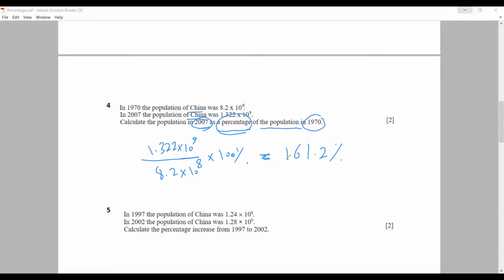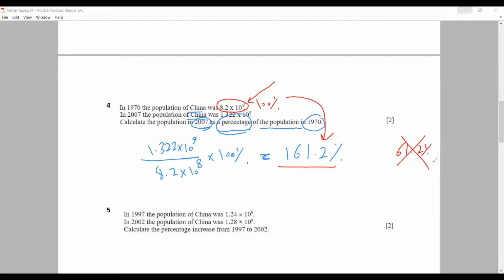So that's definitely an increase, because if we refer to the population in 1970, and this is our reference point, right? So if we take this to be 100%, now it is increased to 161.2%. So the percentage increase is 61.2, but this is not what they're asking.